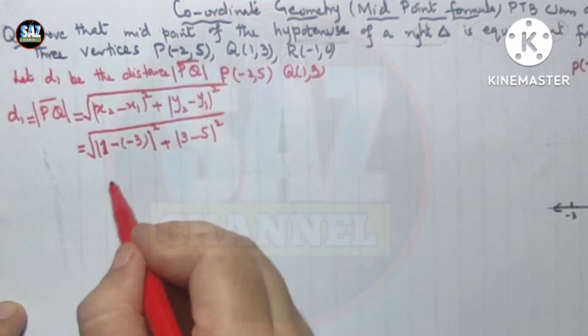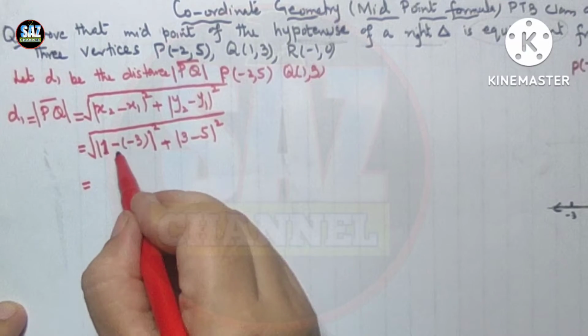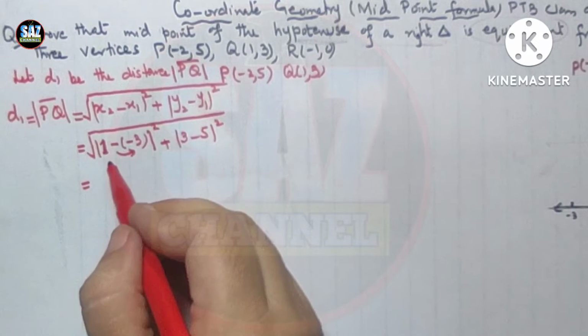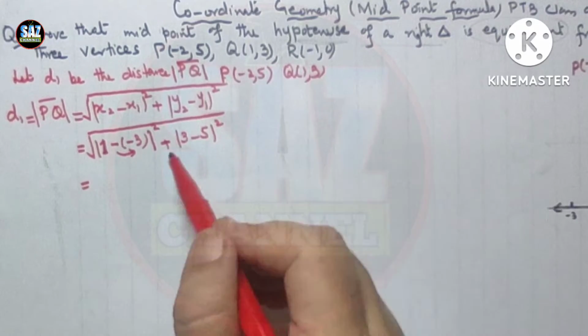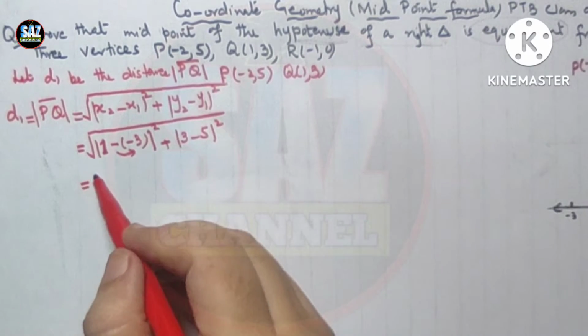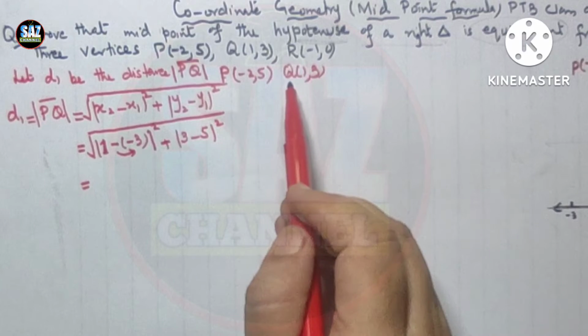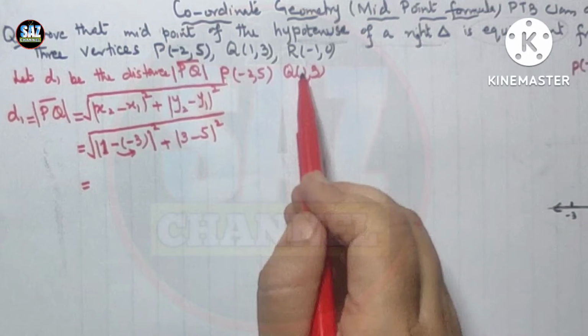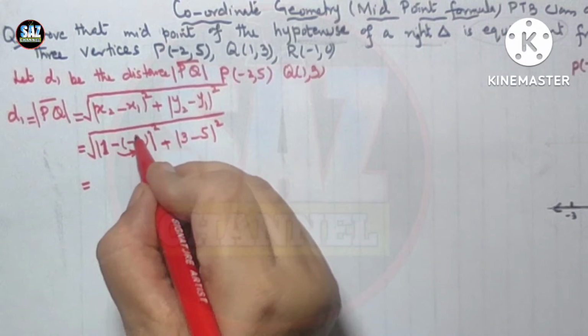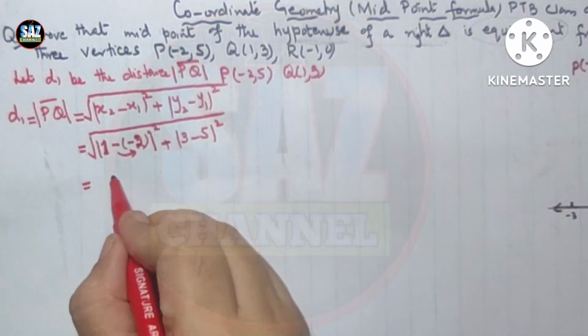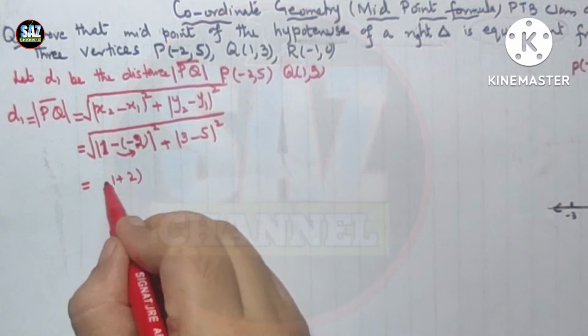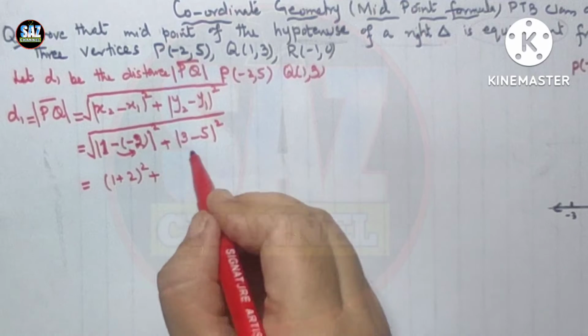For PQ, X2 minus X1, 1 plus 2, this is 3, sorry. So (1 plus 2) whole square plus (3 minus 5), which is -2, square, all under the root.